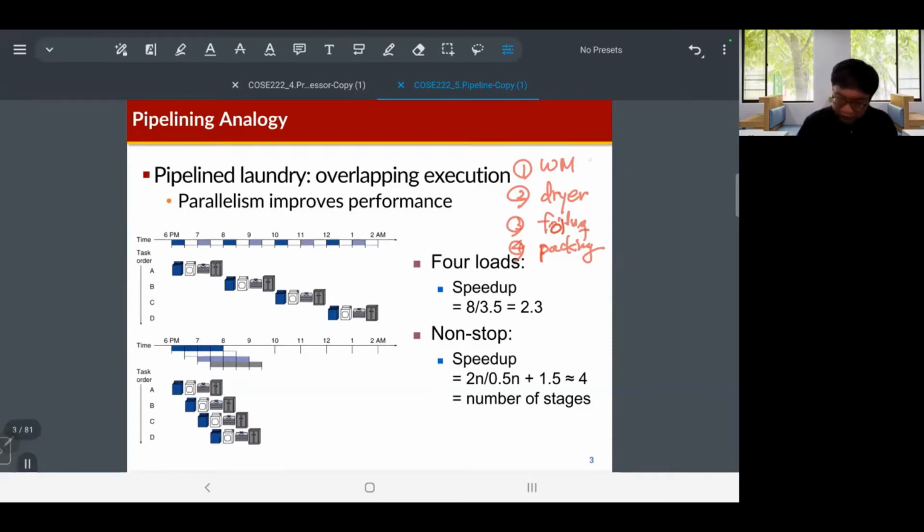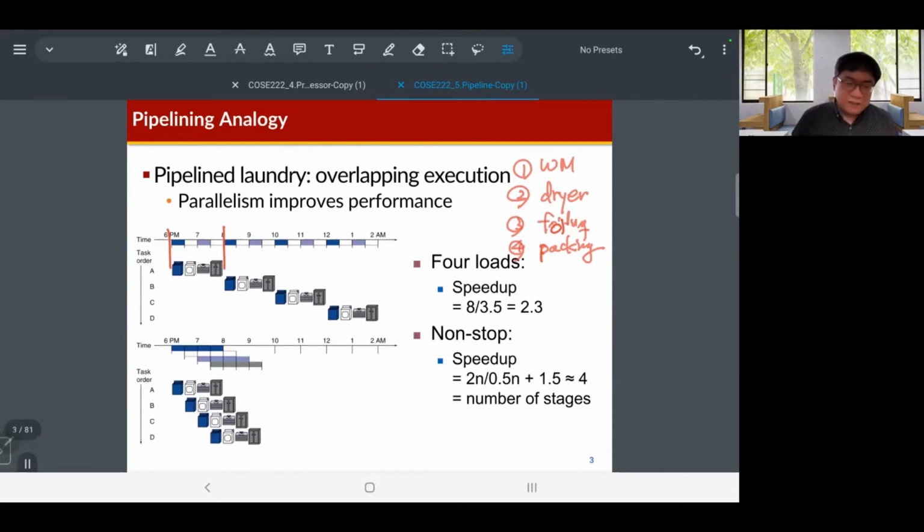Let us assume that each step takes 30 minutes, half an hour. So in order to complete the laundry process for a single clothing, we need to consume 2 hours for a single cloth.